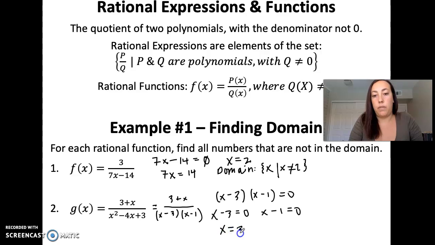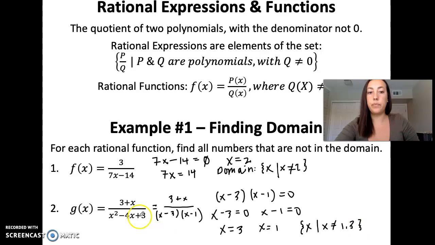And we get a value of 3 and 1. Those are the two values of x that make this denominator 0. So we say our domain, again, we'll use these fancy little brackets: all values of x except x cannot be equal to 1, and it cannot be equal to 3. So that is the domain of that rational function.